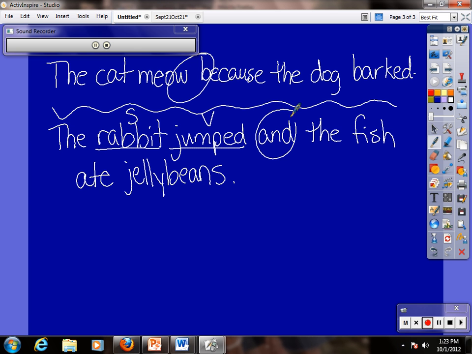Here's the coordinating conjunction. And those are the fanboys. You've got for, and, nor, but, or, yet, so. Okay, so the fanboys words, so coordinating conjunction. So we have to look on the other side of that to see if we have another subject and verb. We do. We have the fish did what? Ate. All right, so that means we have to have a comma right there separating the two in front of the conjunction.